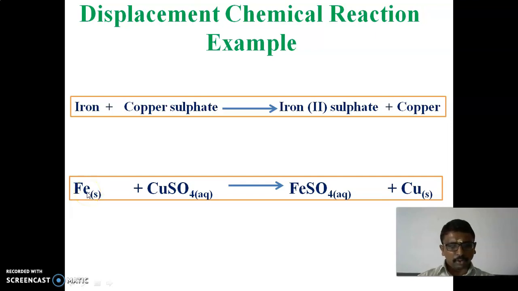Iron is more reactive. The copper will be displaced as iron 2 sulfate because copper is less reactive, iron is more reactive. So what is the product here? The copper sulfate is converted to iron sulfate, that is FeSO4.